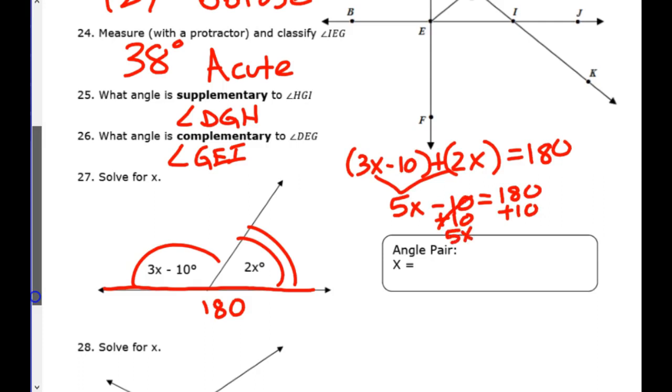So 5x equals 190. Divide by 5, and I get 38, I believe. And the angle pair is a linear pair because it makes a straight line. Linear pair.